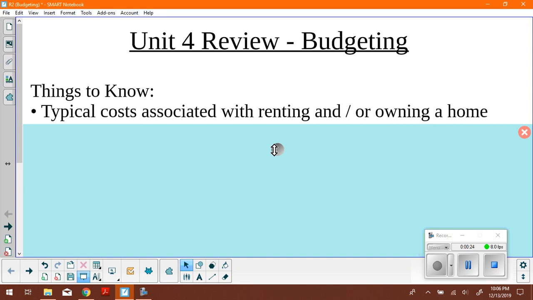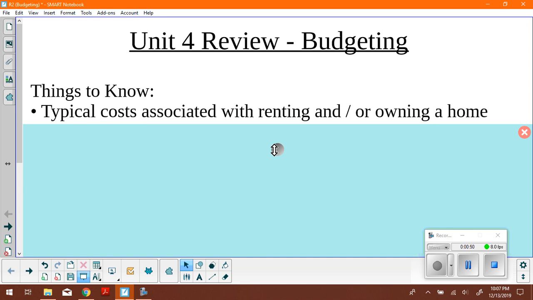Okay, so the first one is knowing costs associated with renting and or owning a home. A lot of them are very similar, right? Things like utilities, so water, electricity, gas, as in heating gas, that sort of thing. And some are different. For renting a place, you have your rent, you may have to pay for parking, things like that.